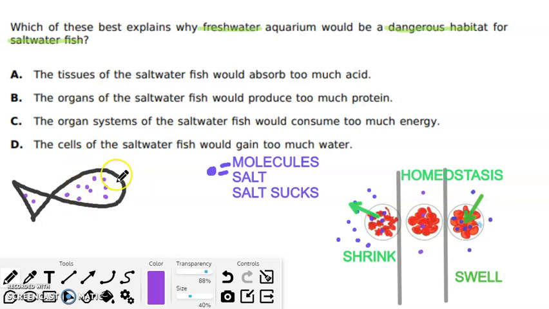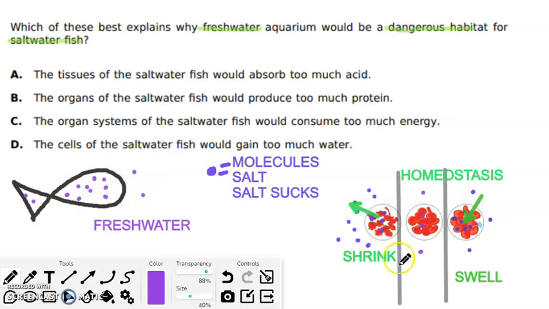And the question is saying, well, what happens if you put it in fresh water? All right, so on the outside of my fish, it's going to be fresh water, meaning you're going to have little to no salt. So I'm just going to put maybe like 2, okay? 2 salts out here.